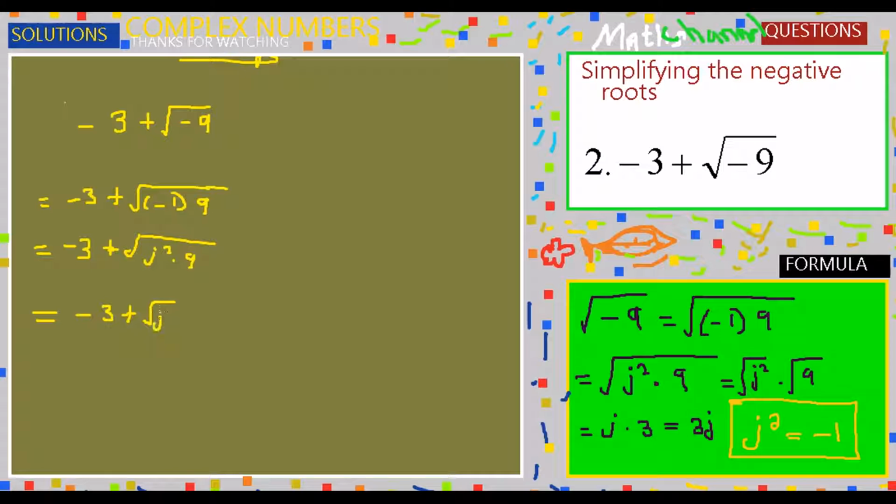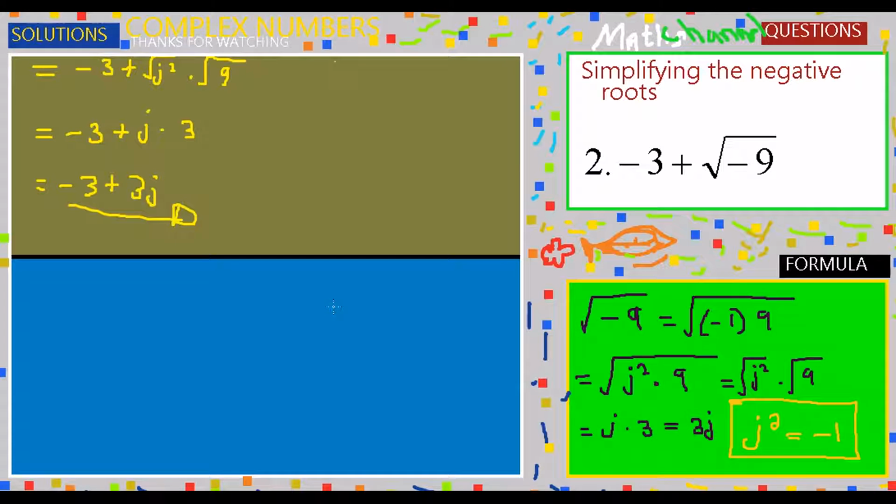Separating the j square and the 9, negative 3, then the square root of j square is j, and the square root of 9 is 3. Rearranging this one, you have negative 3 plus 3j. So this is the answer.